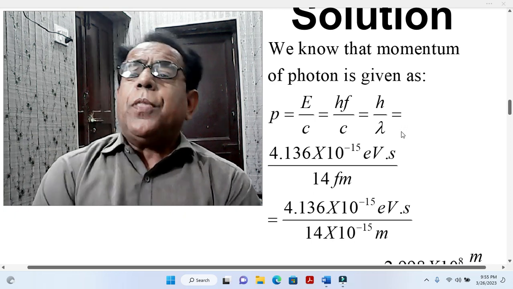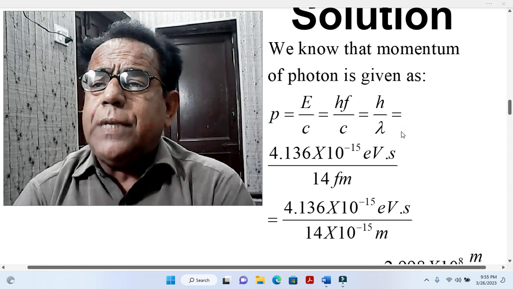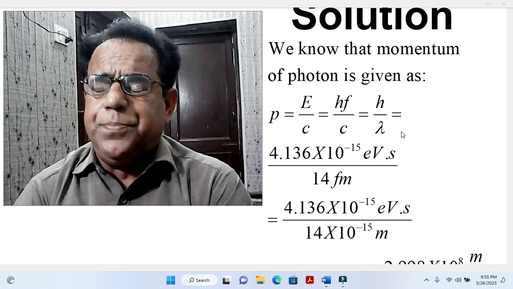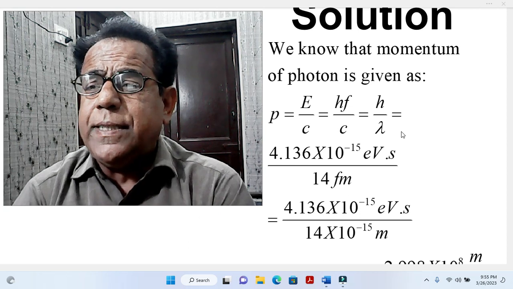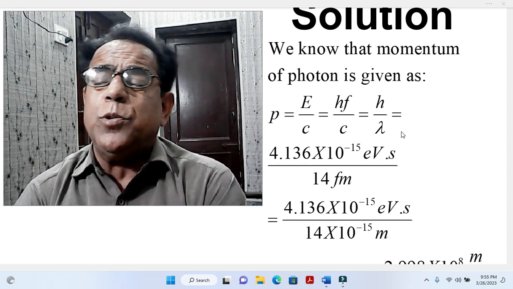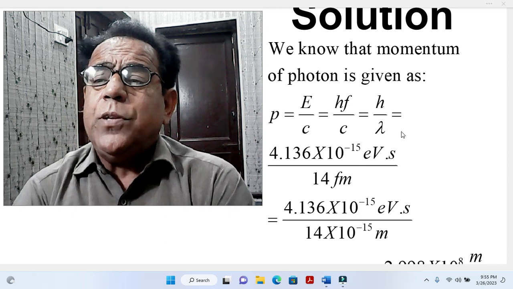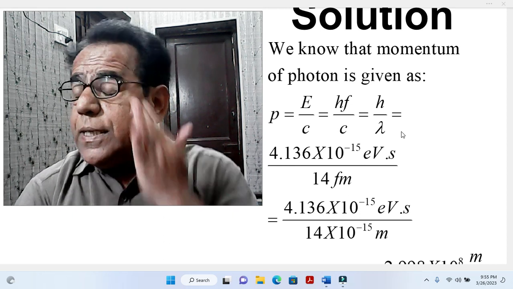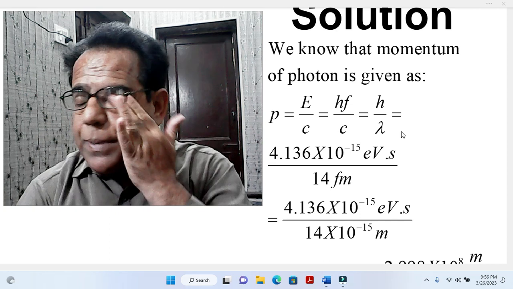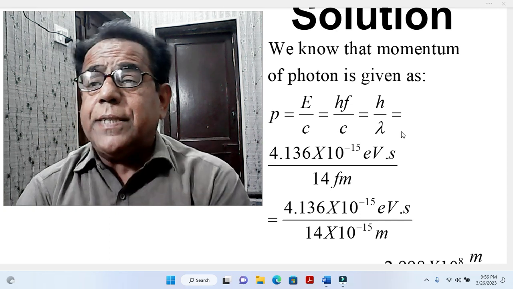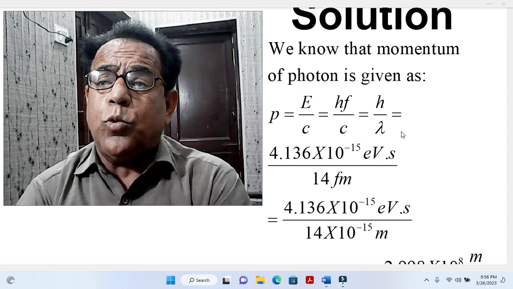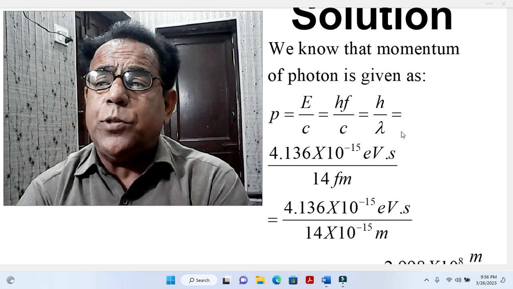We know that the momentum of a photon is given as P equal to E over c, is equal to hf over c, is equal to h over lambda, because we know that frequency f and wavelength lambda are inversely proportional to each other, reciprocal of each other, with the involvement of the speed of light c.